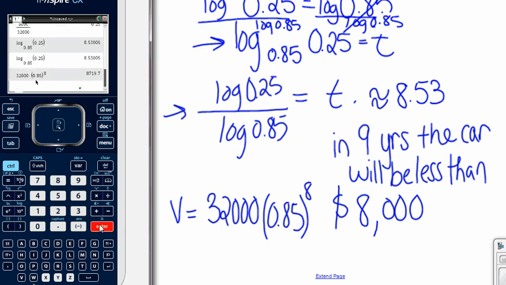So it's still more than 8,000. We can see that. And then if we simply change this to 9, we can see in the 9th year, it's the first full year that our car will be worth less than $8,000. Okay, that's it. Thank you.